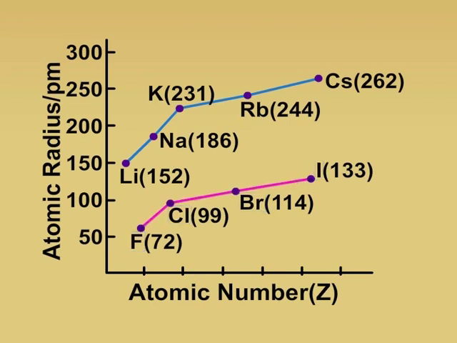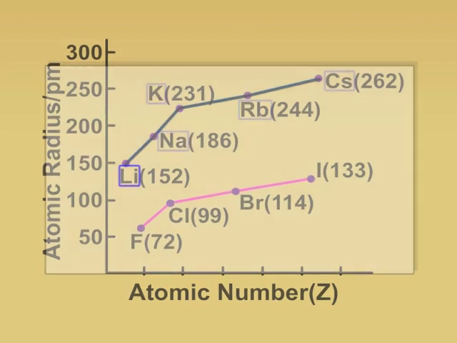Similarly, we find that atomic radius increases from lithium to sodium to potassium to rubidium to cesium as the atomic number increases.